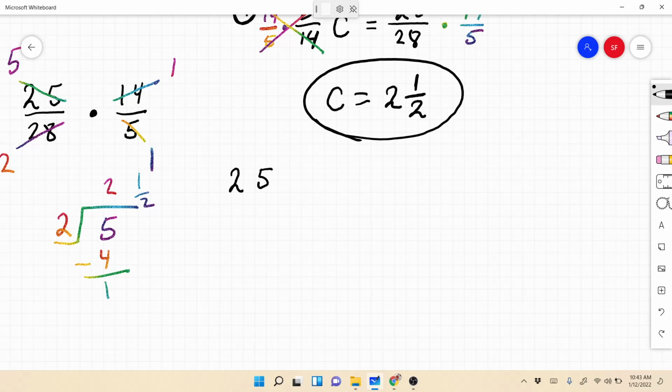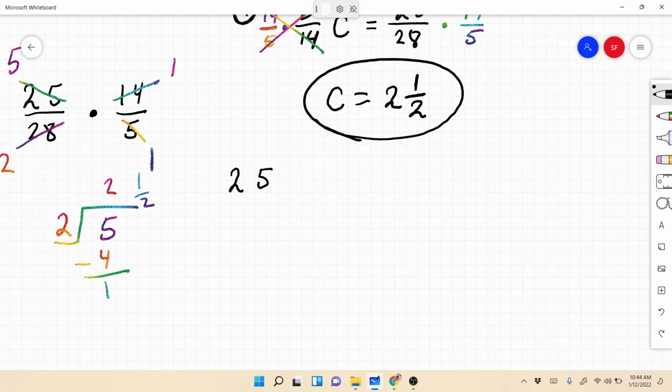It's been a while since we practiced this, but say you have 14 and 25 times 5 over 28. I don't think that's the exact numbers, but it's the same numbers, rearranged. It's not quite the same problem, but it's got the same stuff. What goes into 14 and 28? 2 does.